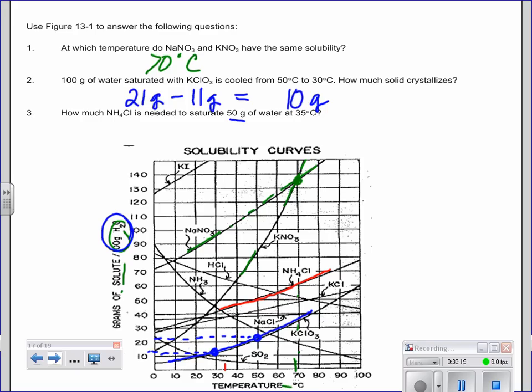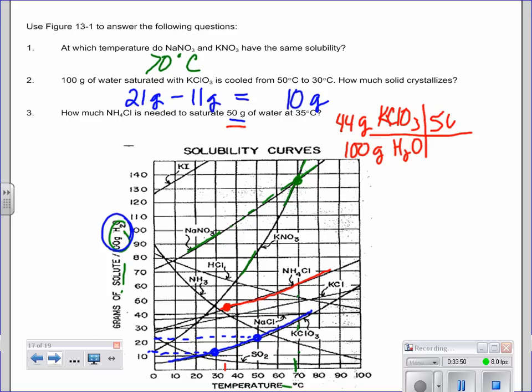So I'd say right in here, I come up, I see this point right here, I go over and read that value, and I read that as 40 grams of our potassium chlorate, and we could write that if we want. But that's 44 grams per 100 grams of H2O. That's not the question. The question is, what about in 50 grams of H2O?